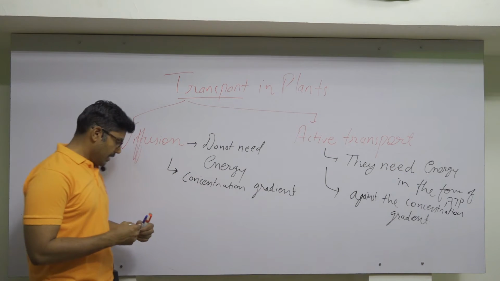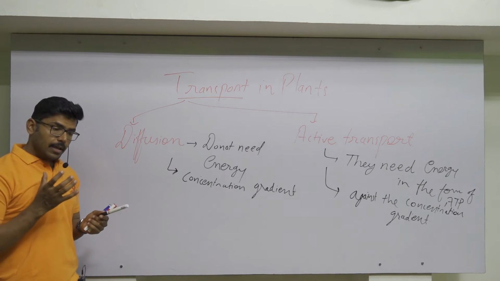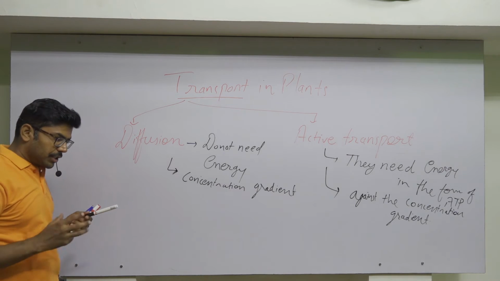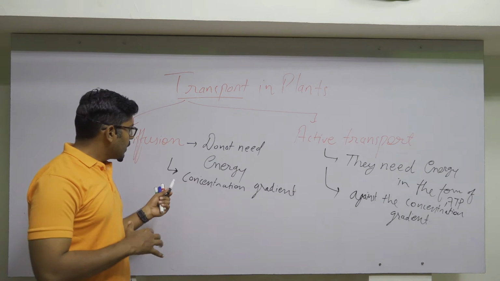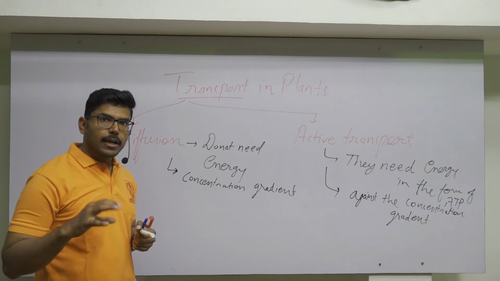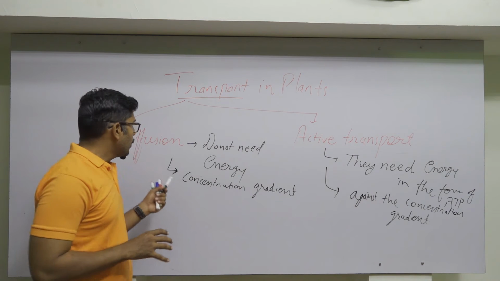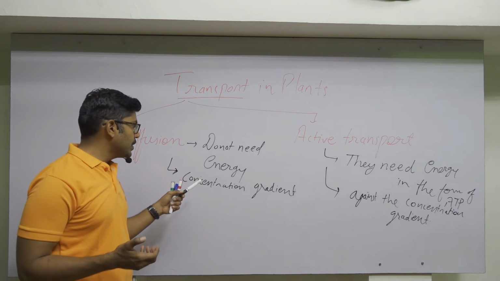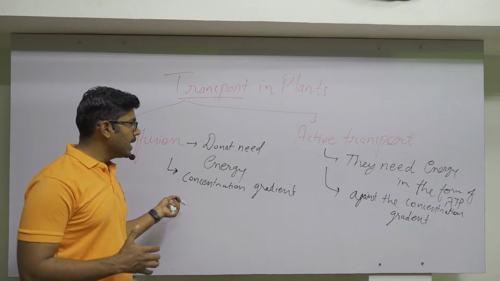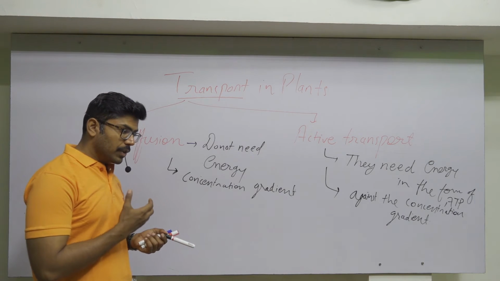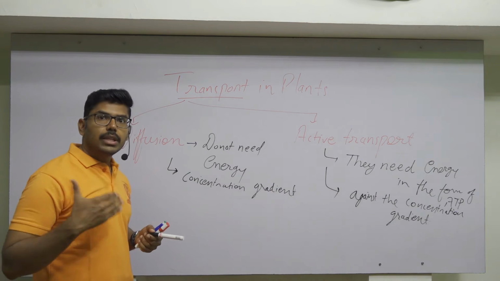So these are the two methods: diffusion and active transport. By these methods the transportation of nutrients, minerals and water is done nearby the cells, over a short distance. Diffusion does not need energy because it happens according to the concentration gradient, from high concentration to lower concentration.